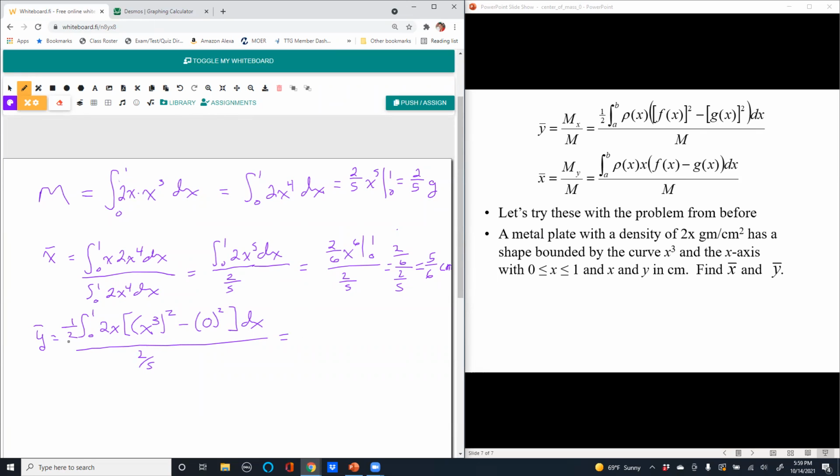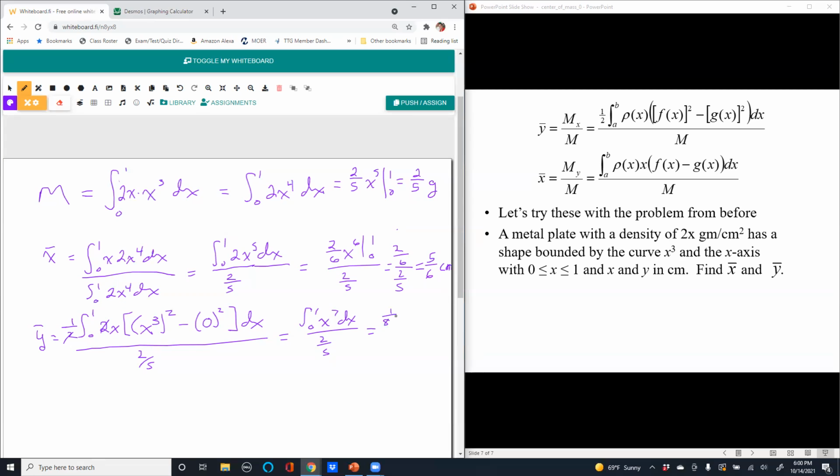And so, let's clean this up a little bit. Those will cancel. X cubed squared, that's x to the 6th. And then times another x is x to the 7th. So we have the integral from 0 to 1 of x to the 7th dx over 2/5. Add 1, divide by the new exponent.